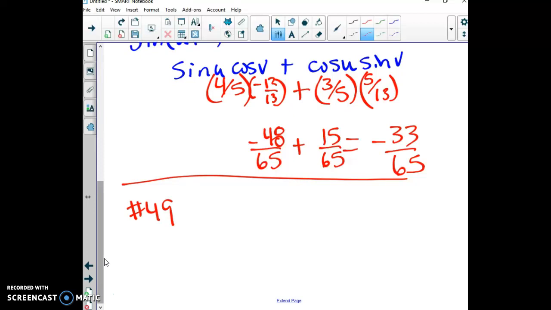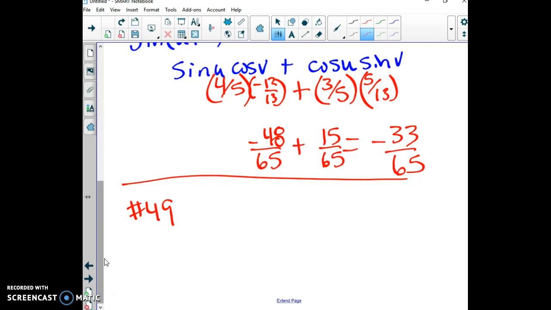It says find the exact value of the trig expression. So we're doing one of our sum or difference expressions. And again, I misspoke in the first part. We were looking for an exact value, not an angle. We already had the angles. We were talking about angle u and angle v. We were talking about the sum of those two. And that's what we found in negative 33/65.